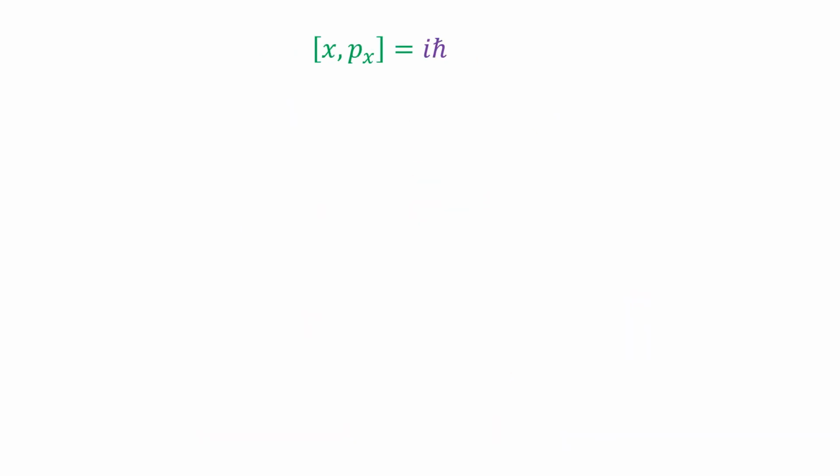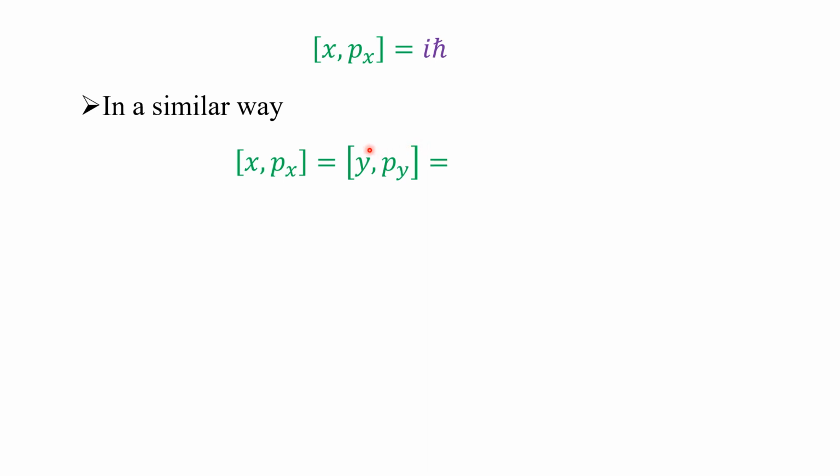Just now we have seen that the commutation between x and px, that is momentum along x direction, is equal to I h cross. In a similar way, we can also prove that x px, y py, and z pz, these three commutations become I h cross.